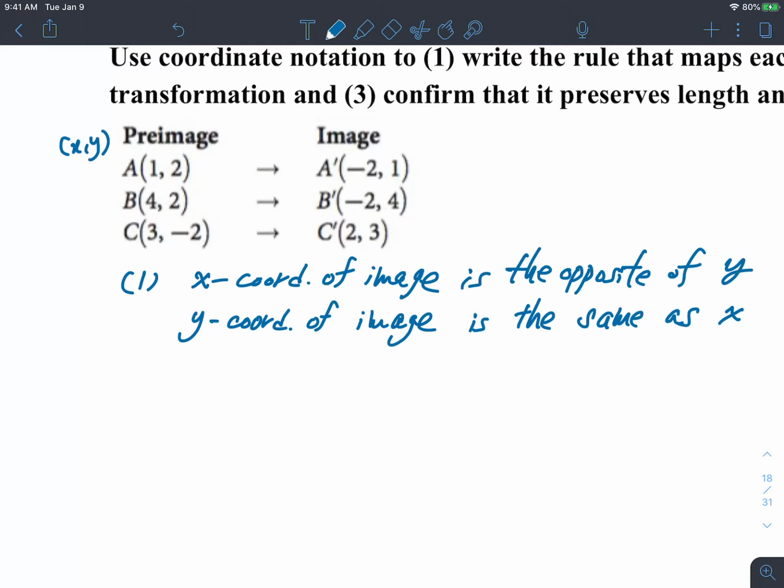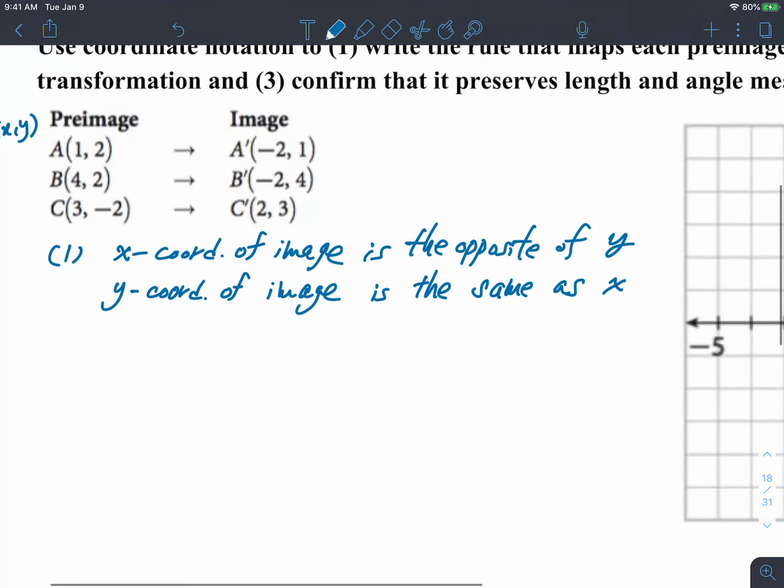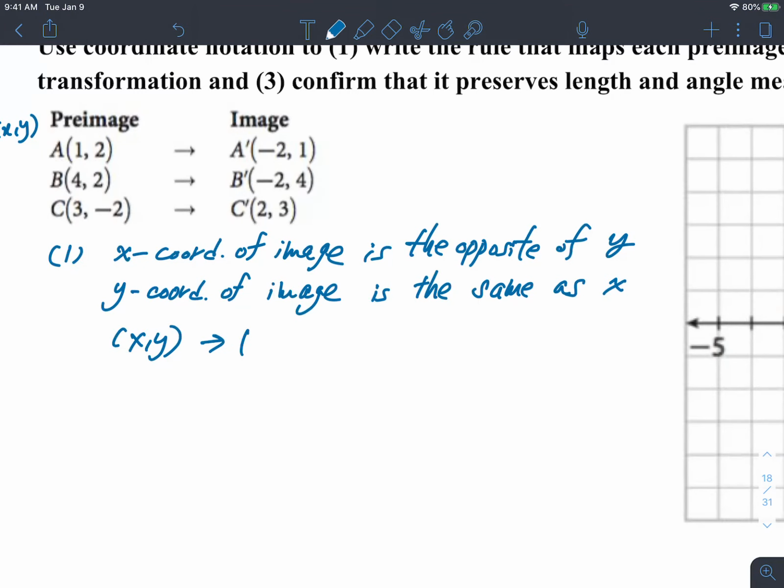Okay, part 2 is asking, identify the transformation. So what is the transformation? So I'm going to restate this. What's happening is xy has become, let's see, x becomes negative y, and y becomes the x. Okay, that's what it says, right?